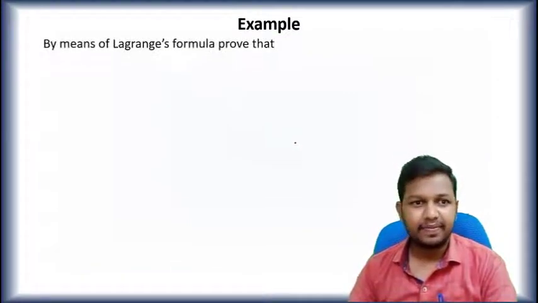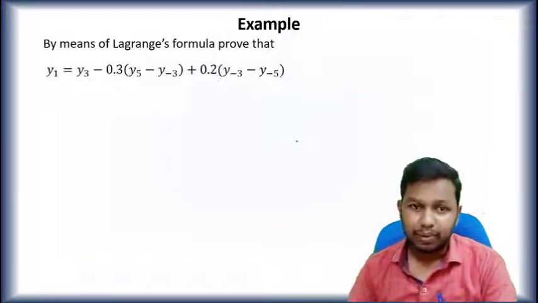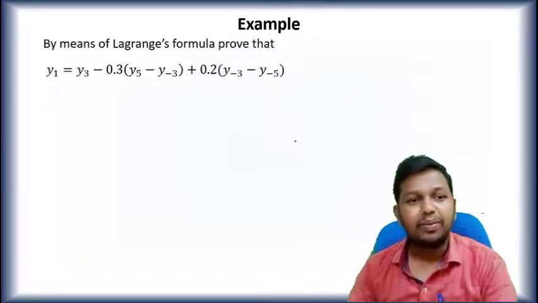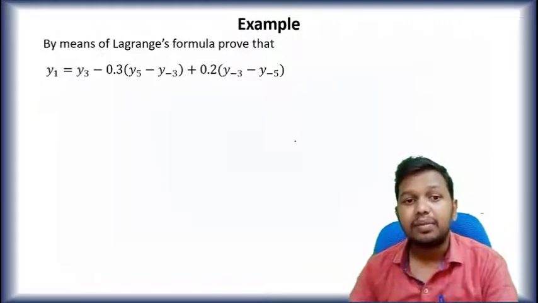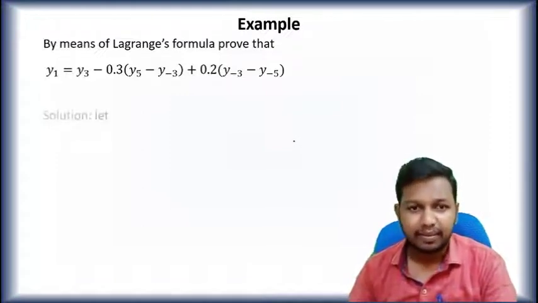That is, by means of Lagrange's formula, prove that y1 equals y3 minus 0.3 into (y5 minus y minus 3) plus 0.2 into (y minus 3 minus y minus 5).